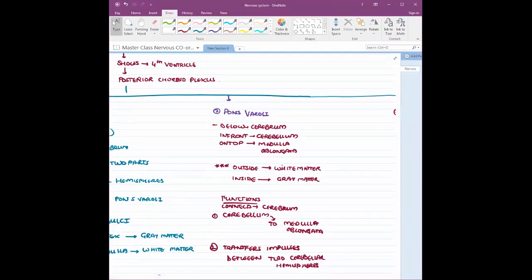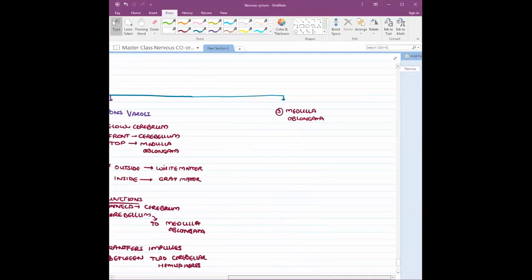Okay, and lastly, guys, we'll move on to the last one, that is medulla oblongata. So let's see how this medulla oblongata is going to be. Very simple. So guys, where is medulla oblongata?